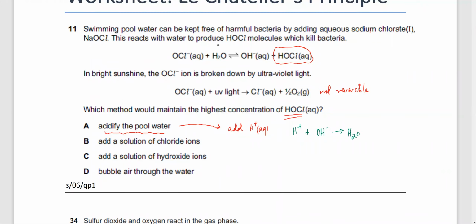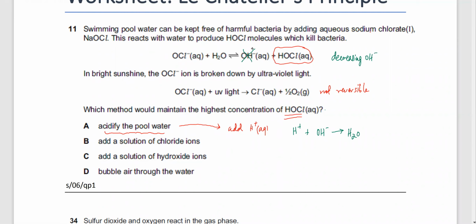So if you add H+ ions, the quantity of OH- ions would decrease. I mean, the OH- ions would be neutralized. So the equilibrium is going to be affected. By acidifying the pool water, there's going to be less OH- ions in the solution. So you're decreasing OH- ions.